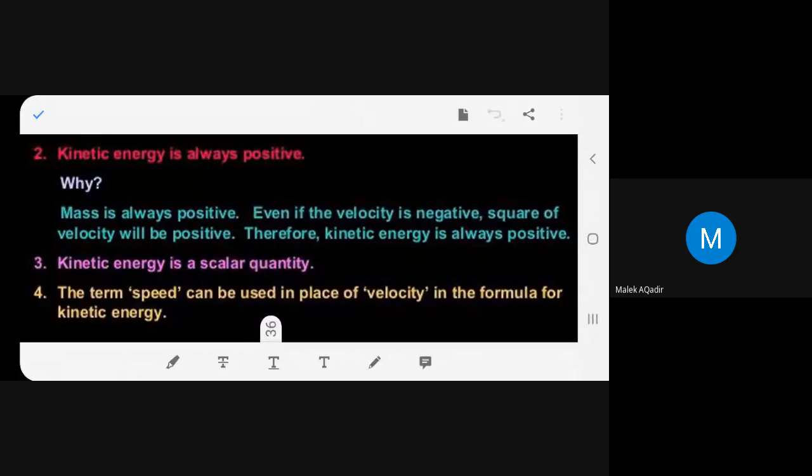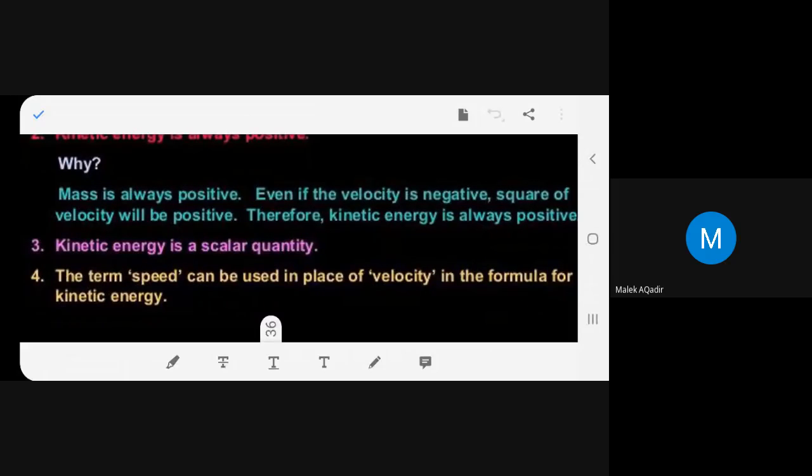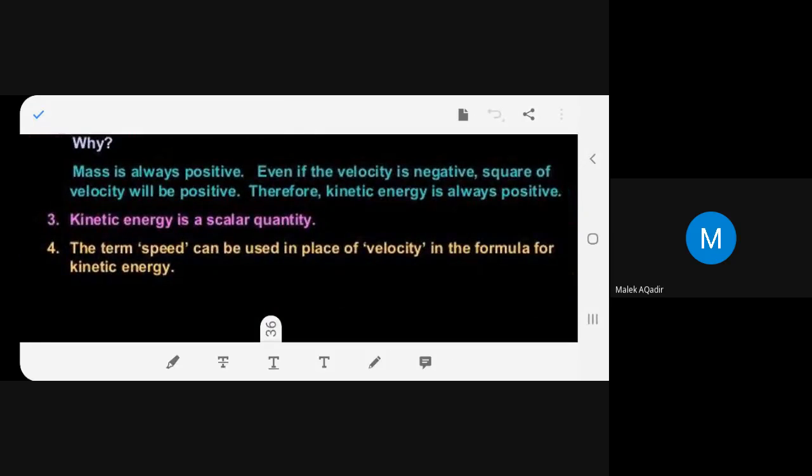Okay. Third one, kinetic energy is a scalar quantity, that we already know. Last one, the term speed can be used in place of velocity in the formula for kinetic energy.